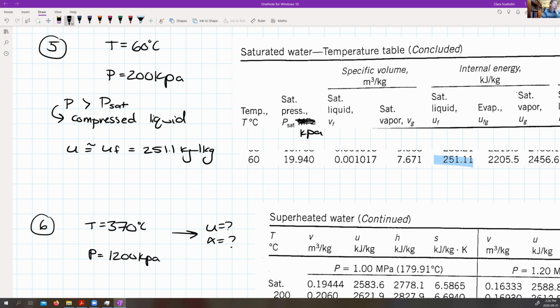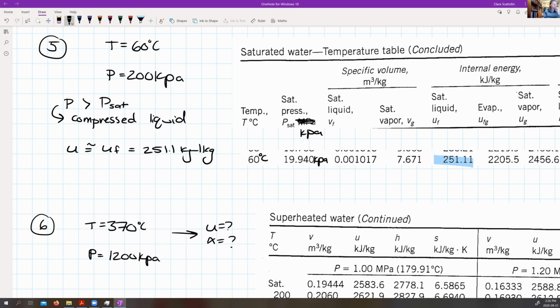So the pressure, if I look at 60 degrees C and my pressure here of 19 kPa, which means that in order to be saturated at this point, we need a pressure of almost 20 kPa. And my pressure is much larger than that, right?